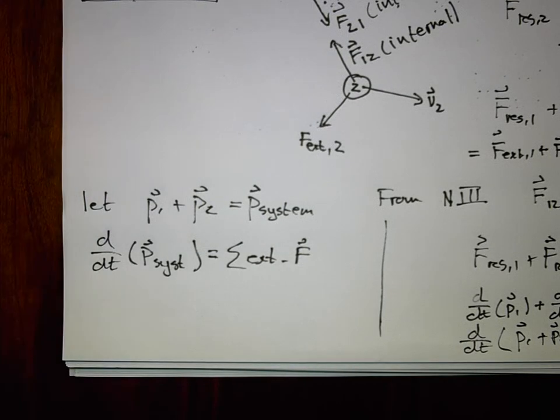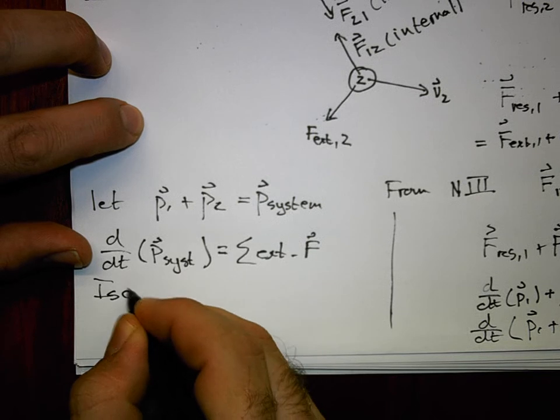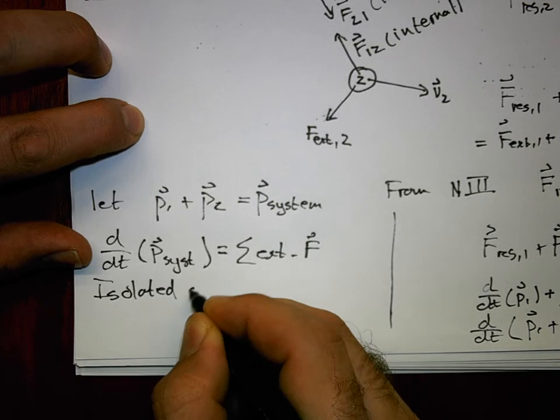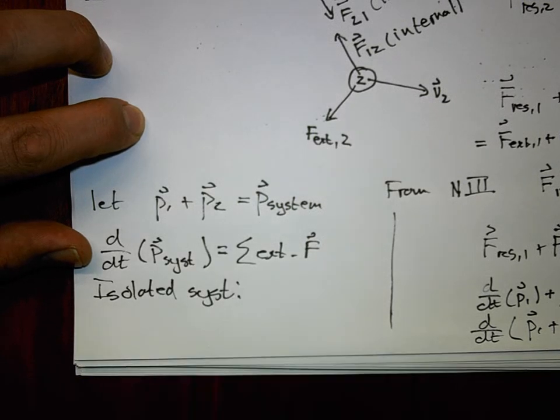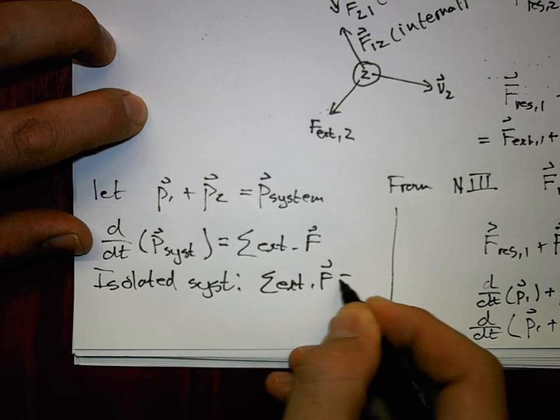And what's interesting is if the system is now isolated, so an isolated system by definition has got no external forces. So for an isolated system, we have that the sum of external forces is equal to 0.